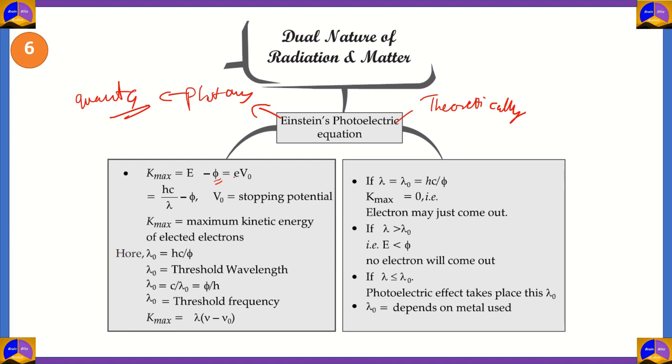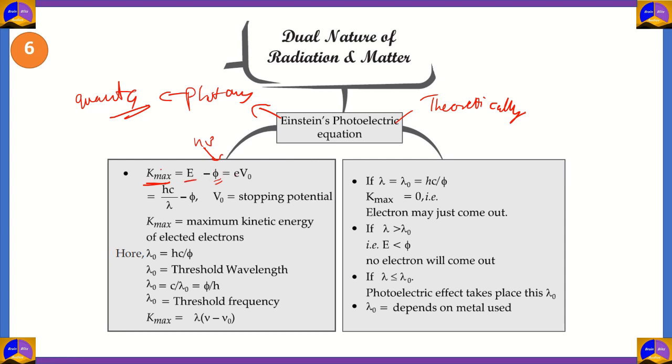When a photon of energy h nu is absorbed by an electron in a metal surface, and this energy is greater than phi, we get the maximum kinetic energy of the electron as E minus phi.